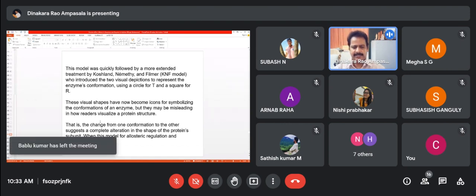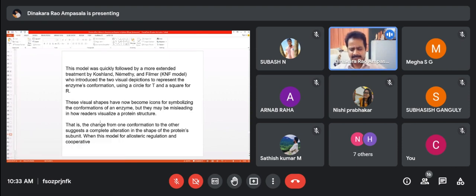In the earlier one both were circles, called R and T, which gives some kind of confusion. So they simplified this: circles for T, less active, and squares for R, more active. So it is easy to understand.